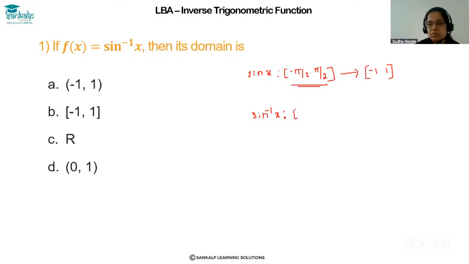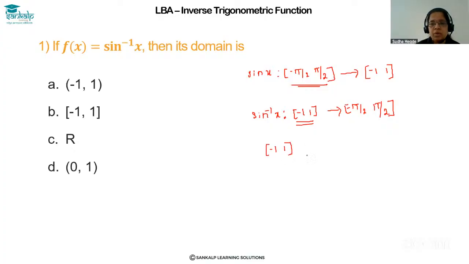So it is defined from minus 1 to 1 to closed interval minus pi by 2 to pi by 2. So the domain of sine inverse x is closed interval minus 1 to 1.